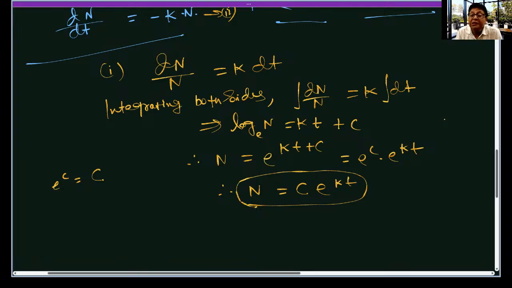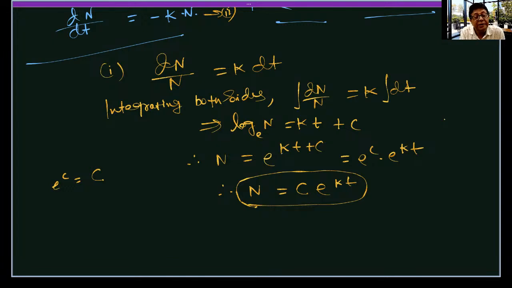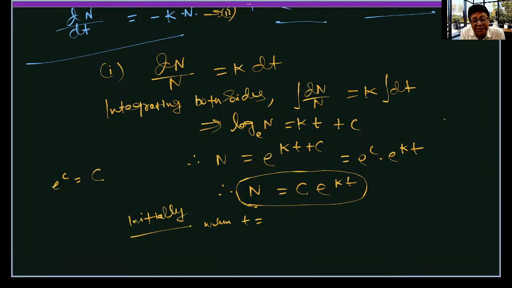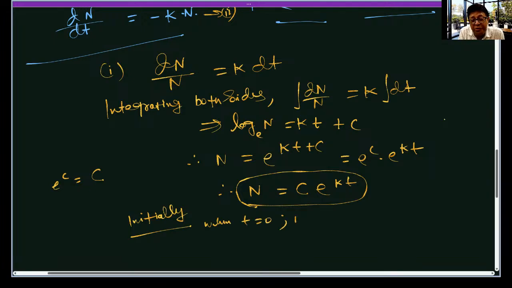Okay? Now this value of C we can state. Initially means when? Initially when t equal to 0, n equal to n0 say, initial number.